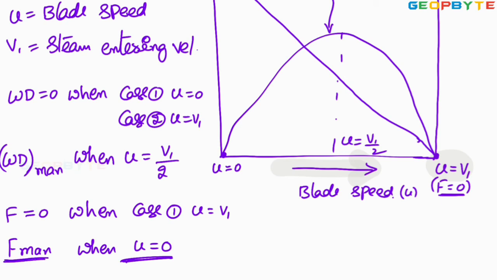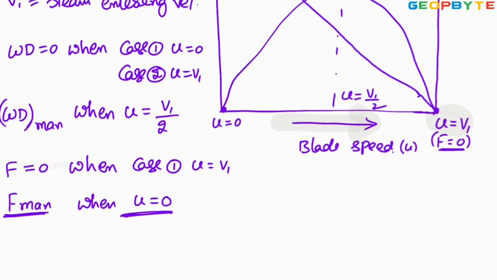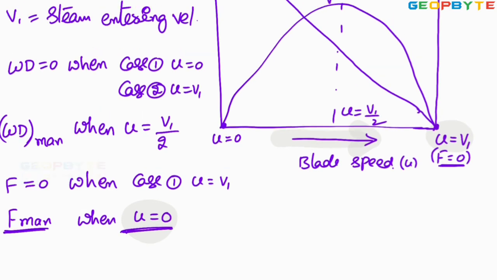Though the force is maximum, since the blade is not moving, therefore work done equal to 0 when the blade speed is equal to 0. I hope you got my point.